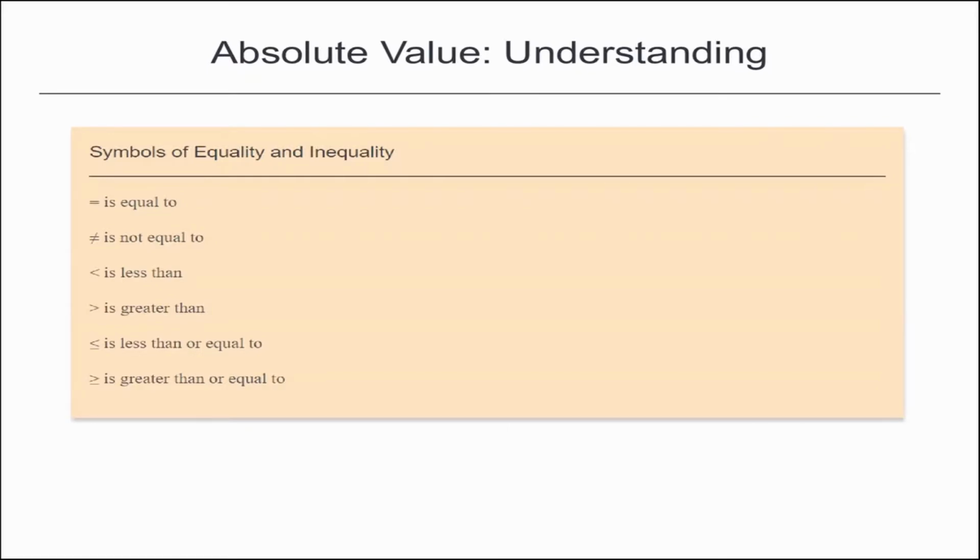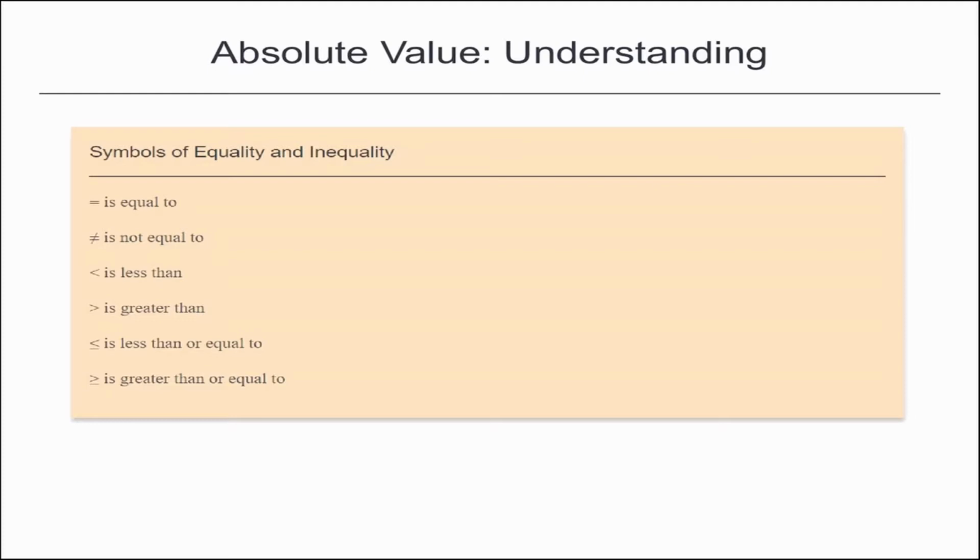Greater than means all values greater than the value we're comparing it to should be considered. Less than or equal to means all values less than, in addition to the actual value we're comparing it to, should be considered. And greater than or equal to means all values greater than, as well as the value that we're comparing it to, should be considered.